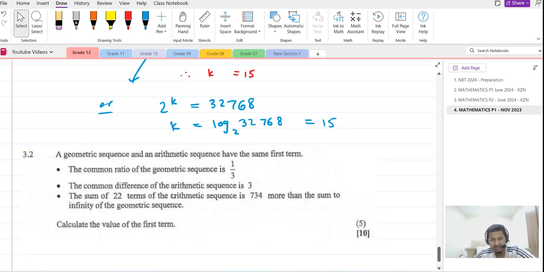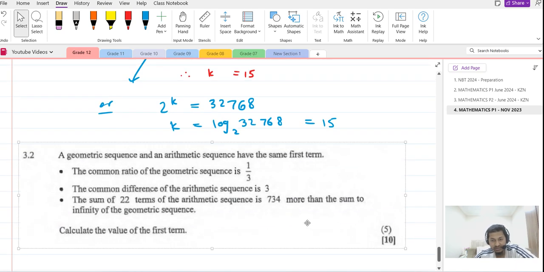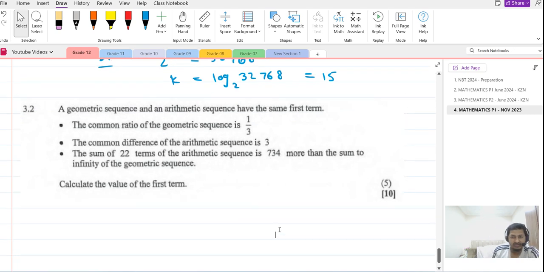Right, so just try to think differently. All right, let's see. A geometric sequence and an arithmetic sequence have the same first term. So we have a GP, a geometric progression. A sequence, progression, same thing, right?